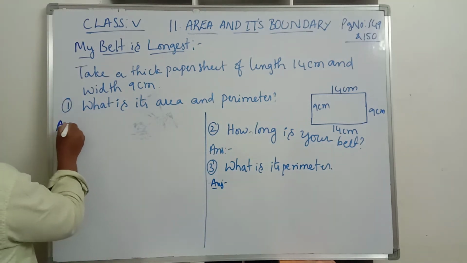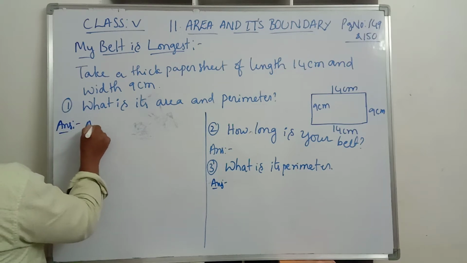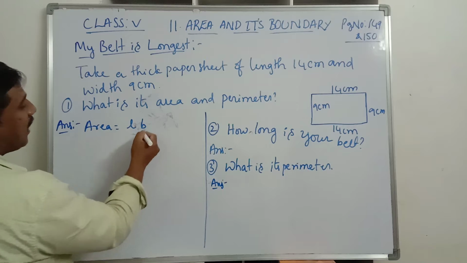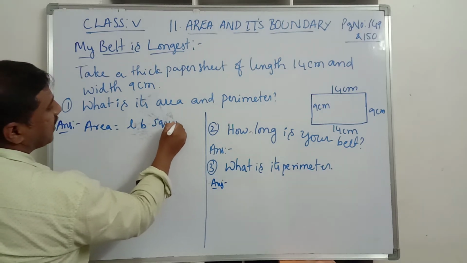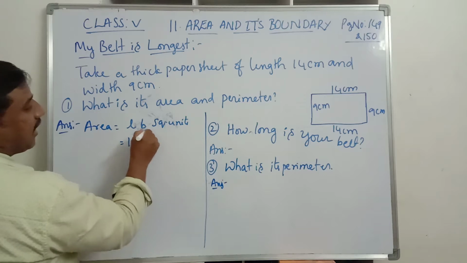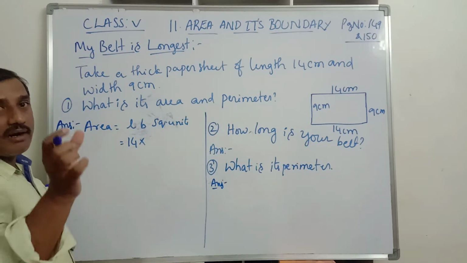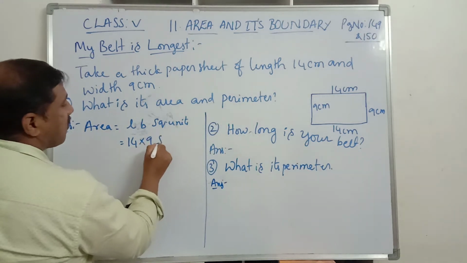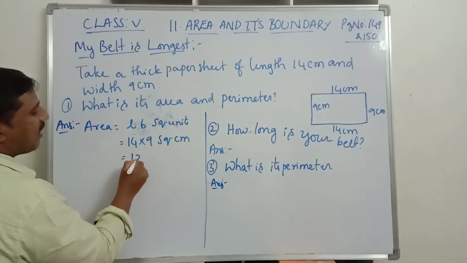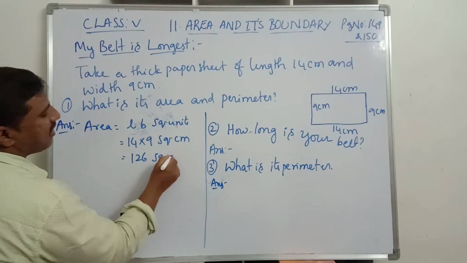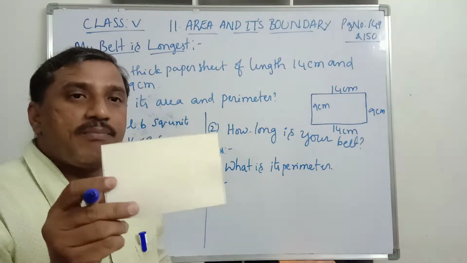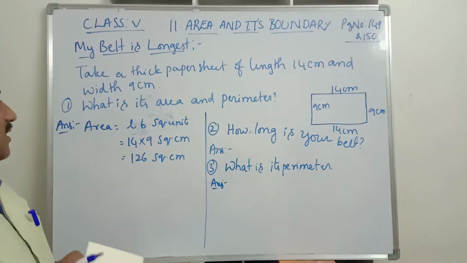Area equals length into breadth, that is L into B square units. 14 centimeters into 9 centimeters. 14 nines are 126 square centimeters is the area of the paper strip.